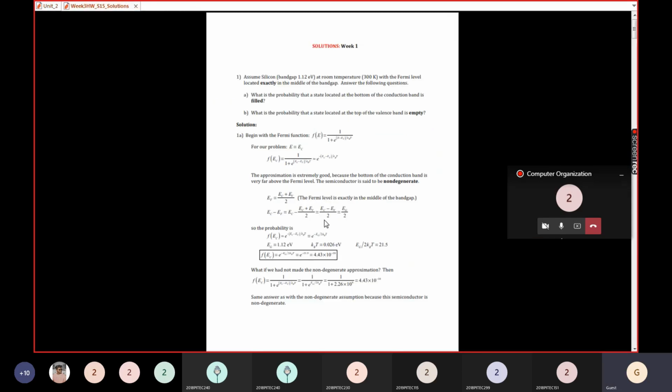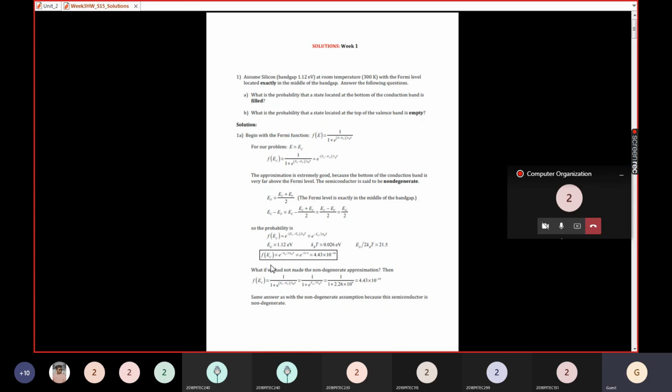So directly substitute it and finally you will be getting the value of the exponential as minus 21.5. Substitute it and see. What you have to substitute here? 1 divided by 1 plus e power (1.12 minus EF) divided by KB into T, 0.026 electron volts.